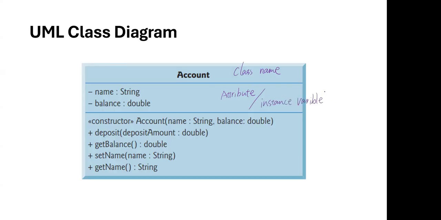For an account, we should have the account name and the balance so that we can check which account has left any money or maybe going to the negative. And for the third compartment, this is for the behaviors that the account class should have.